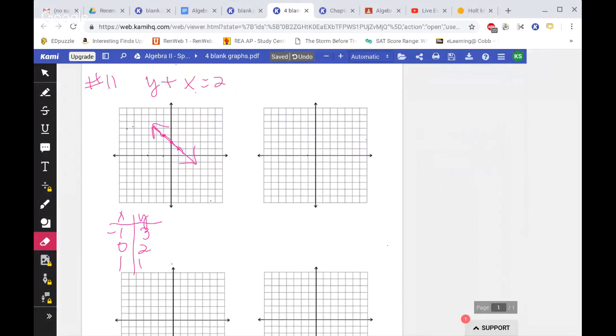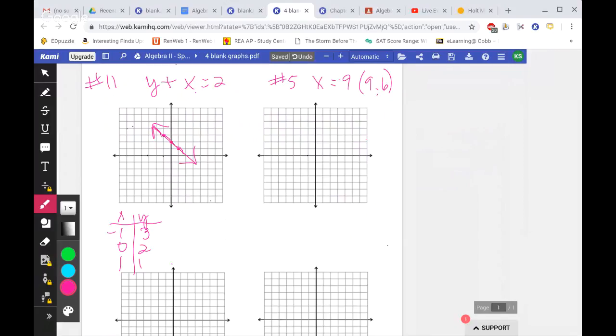Okay, Mary Faith, number 5. It says x equals 9. And then it gives the ordered pair 9 and 6. Remember how I talked about from the guided practice that an x equals 9, or x equals -4, I can't remember what the guided practice example was exactly.